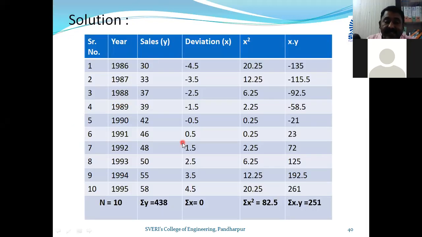With this numerical we concluded our last lecture: x is nothing but -0.5, -1.5, -2.5, -3.5, -4.5, and here you can see plus 0.5 further up to 4.5. Summation x is always 0.